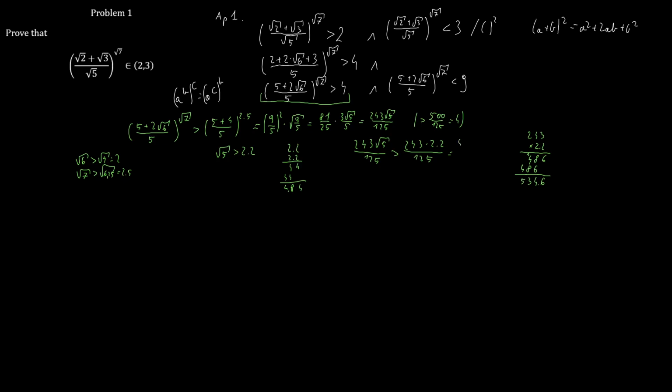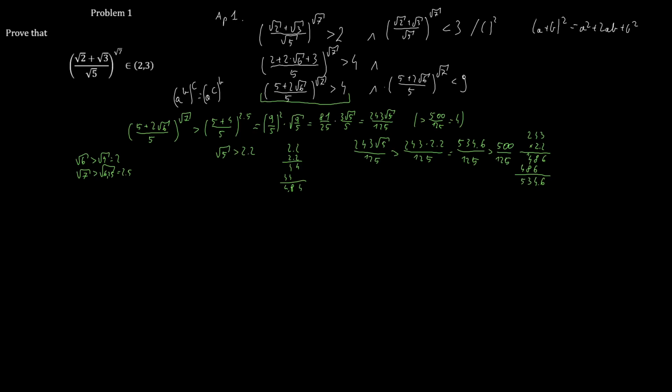So it is 534.6 over 125, and it is more than 500 divided by 125. Okay, that means that this thing is more than 4, so this inequality holds. All numbers here are positive, so this inequality holds as well.